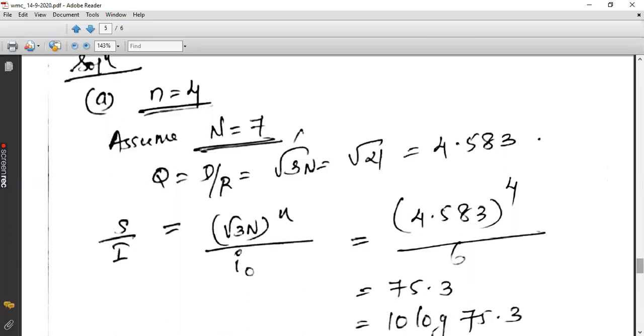If i and j are both 1, that means 1 square plus 1 into 1 plus 1 square, N can be 3. If i and j are 1 and 2, what will happen? 1 square plus 2 plus 2 square, so in that case, you will get 7.